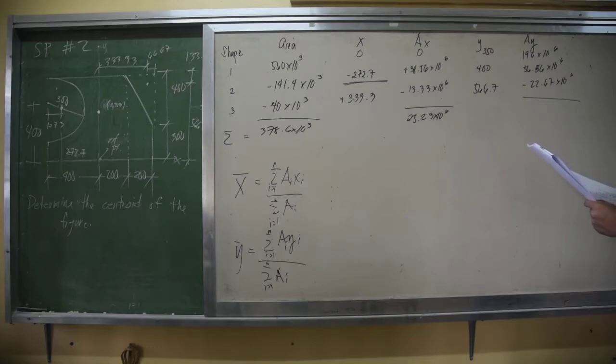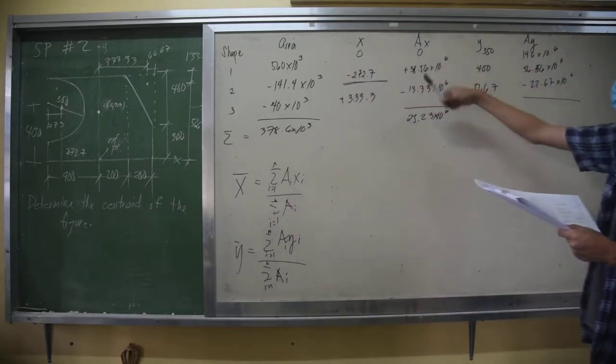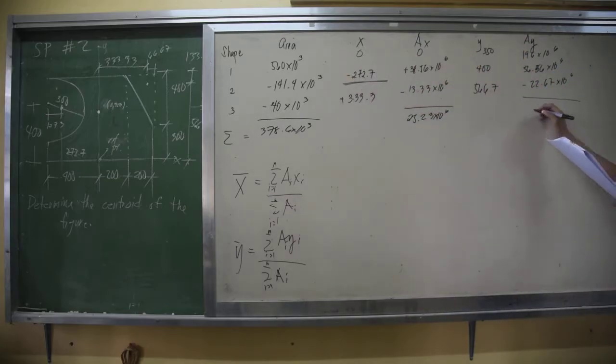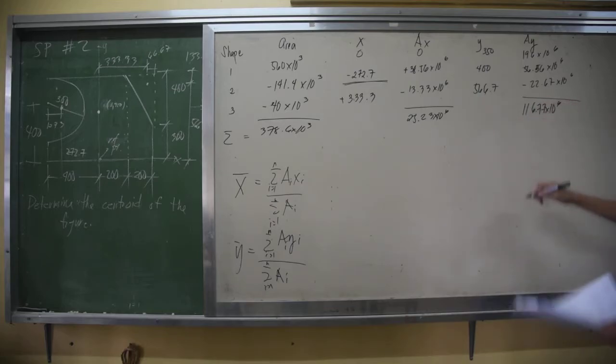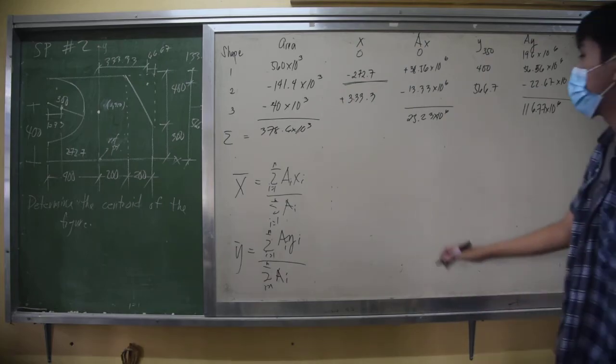Next is ito. Multiply lang yan, then add. That is equal to 100 to the 6. Ayan, pwede na natin makuha yung centroid ng buong figure natin.